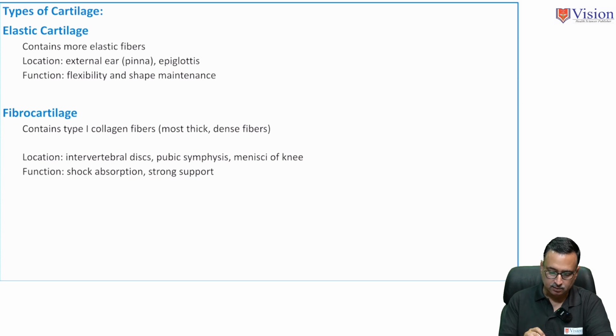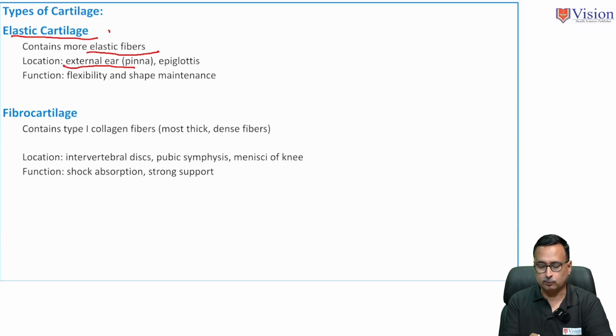So another type is elastic cartilage. It contains predominantly yellow fibers or elastic fibers made of elastin protein. Elastic cartilage is found in the external ear or pinna, and epiglottis. It provides flexibility and shape to the body tissue. Third cartilage is fibrocartilage.